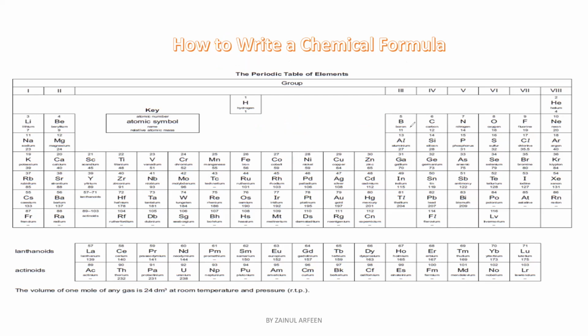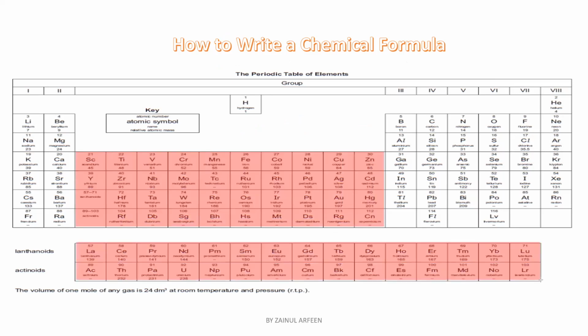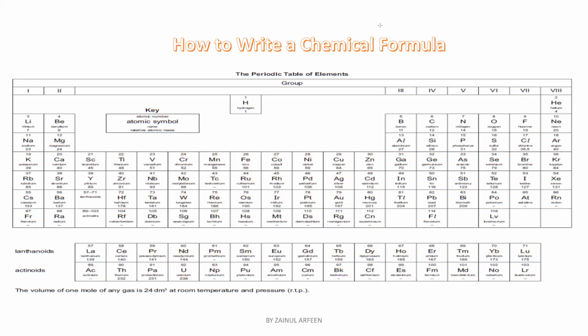So if an element is given from this part, they will ask for the formula, but they will give you the valency. But sometimes you have to work out the valency of the element from the formula.